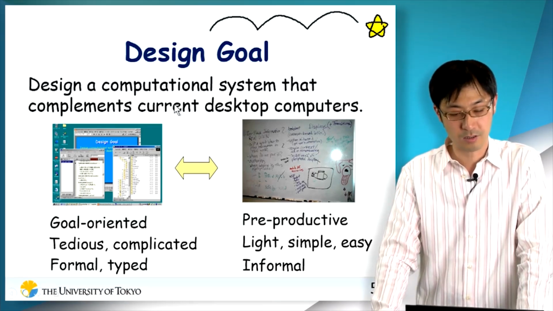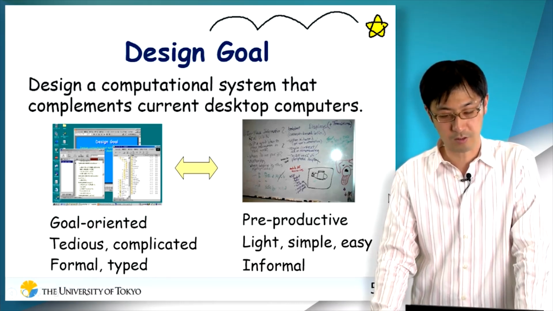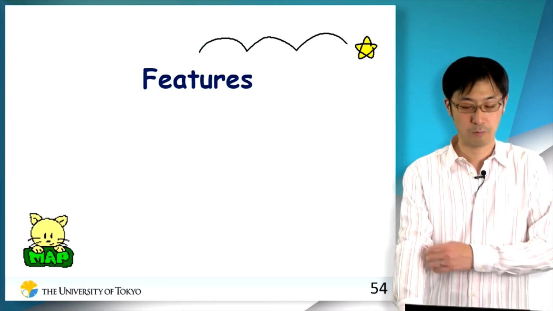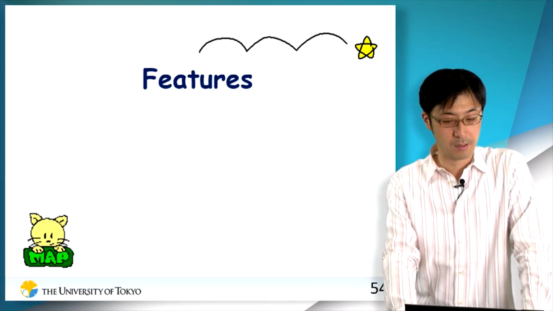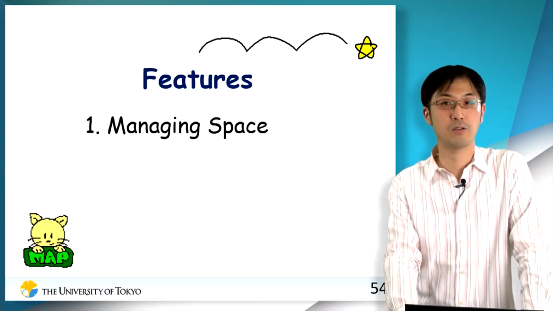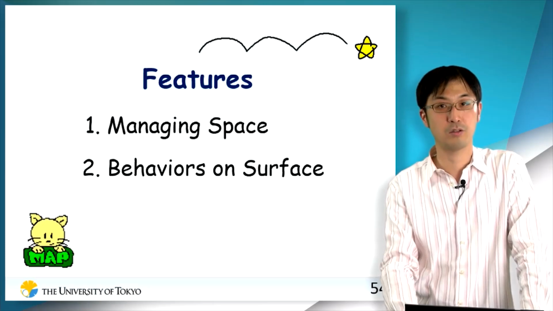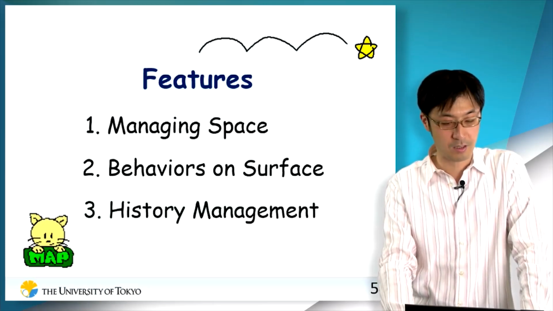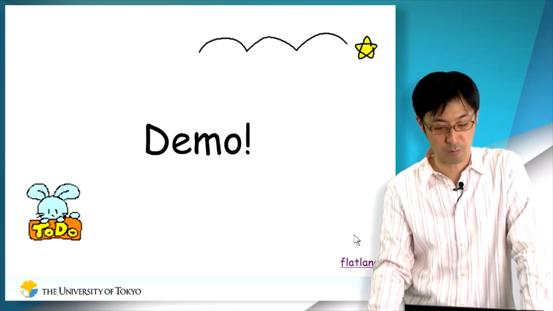So these are the differences, and we try to support this kind of activity. The system we propose has 3 features. One is a way to manage space, another is applications running on these surfaces, and also history management. So let me show you a demo.